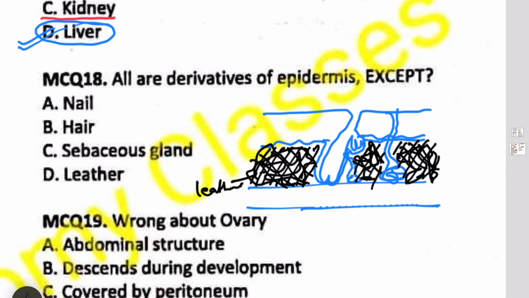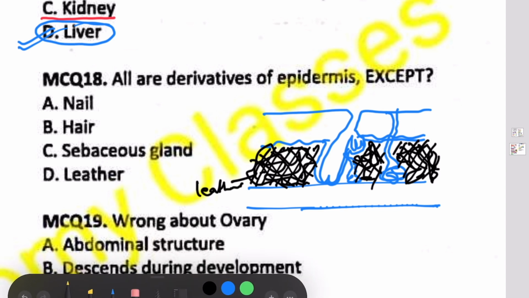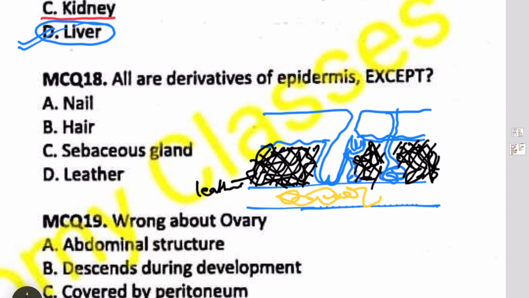This actually forms the leather because down below is superficial fascia, right? And superficial fascia is a neurovascular plane. It has all of adipocytes and loose areolar connective tissue and all. So what is being used as leather is the reticular dermis.